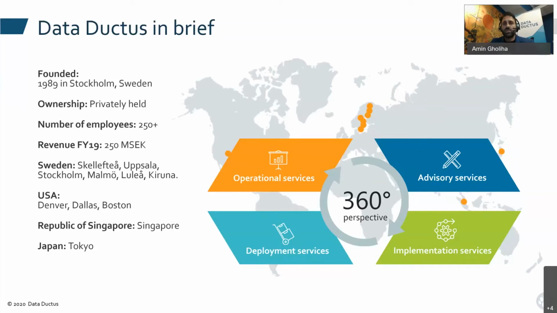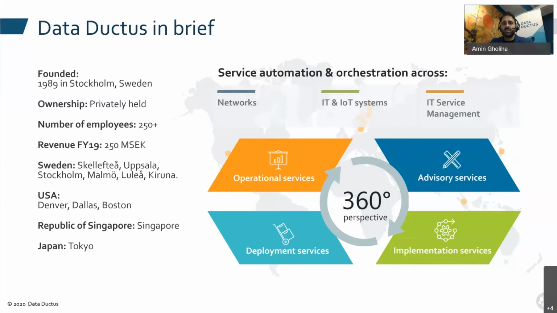We have operational services, IT services, advisory services, implementation and development services, deployment services. So for our customers, we can take the full aspect of the whole solution and give you a full package. We have three business units. One of them is network and the other one is IT and IoT systems.